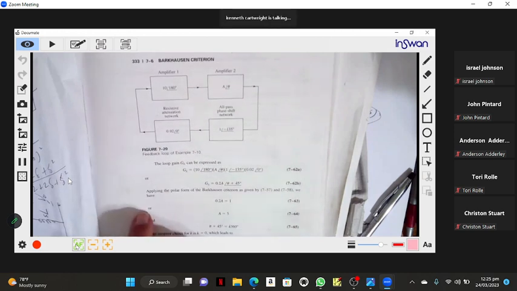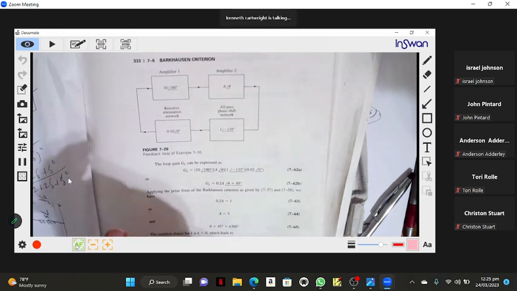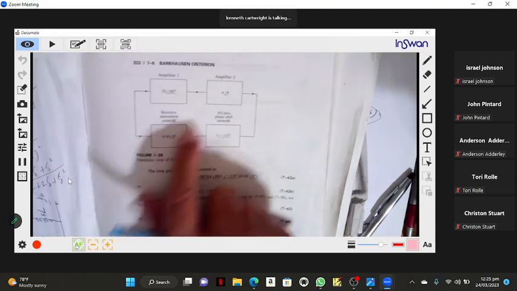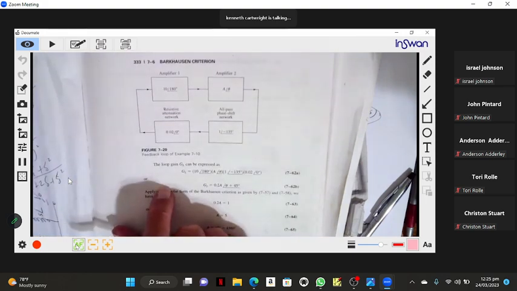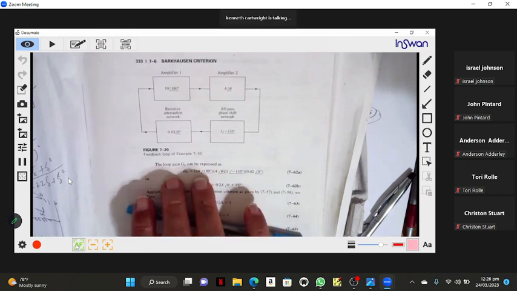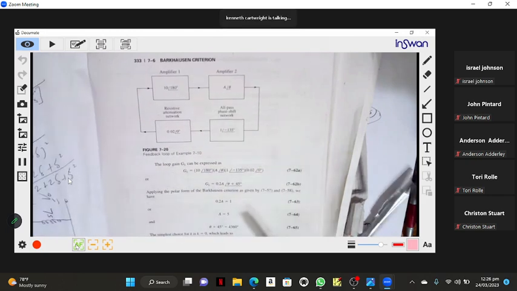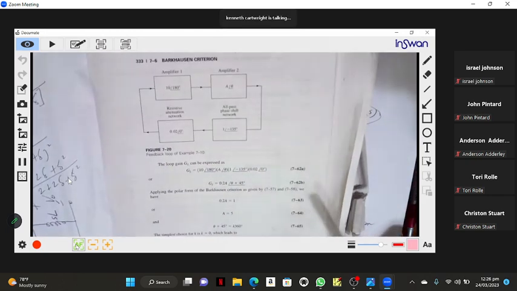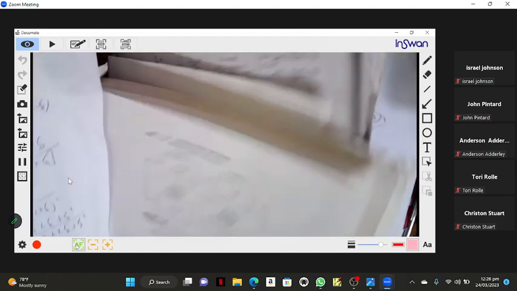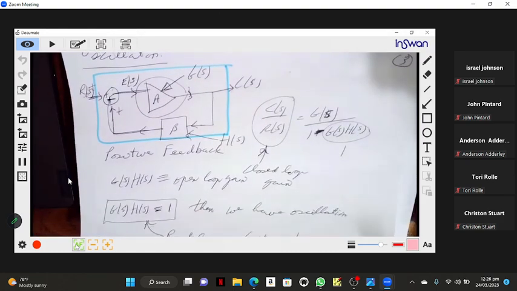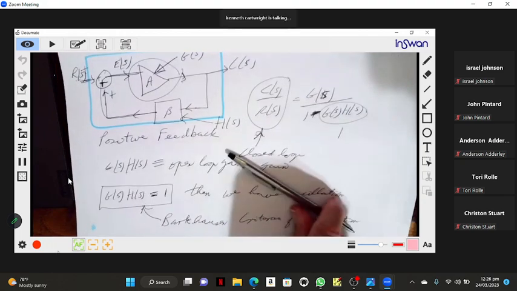Now the question becomes, what values should A and beta be if we want this thing to oscillate? First of all, okay, let's do that.